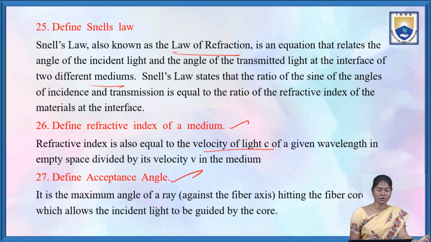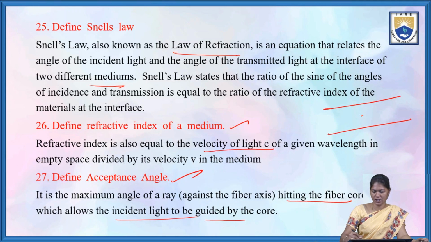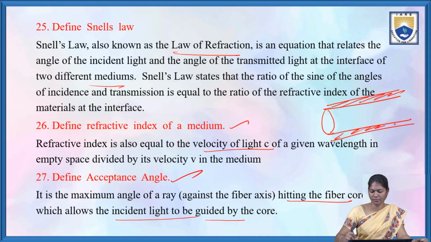It is the maximum angle of a ray hitting the fiber core which allows the incident light to be guided by the core. So, this is the optical fiber, this is the cladding, this is the core, and this is the fiber axis.